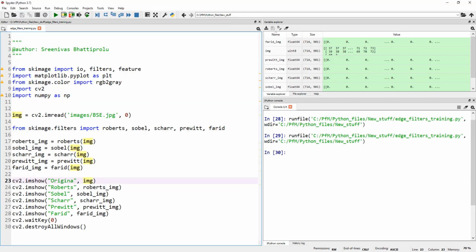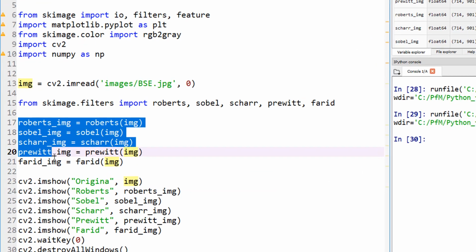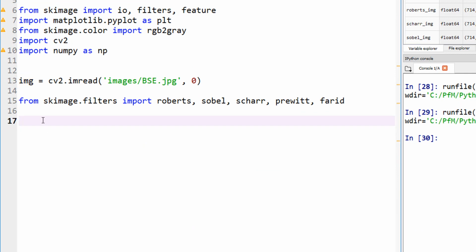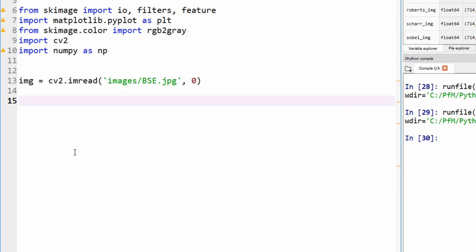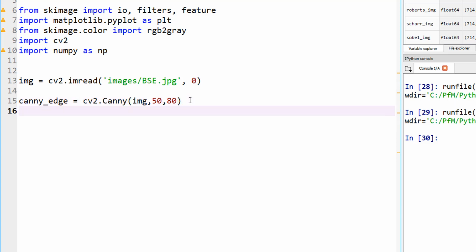Okay, so now let's actually remove all this Sobel and all of this stuff. Okay, and let's also do that. Remove that and just apply Canny Edge. The way you apply Canny Edge detector is you first define this. Canny Edge, cv2.Canny, and that's where we are done.